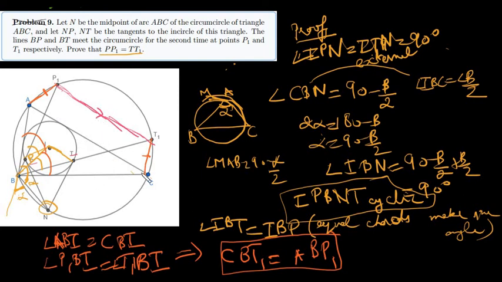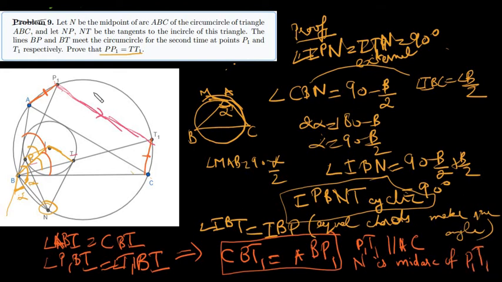So essentially, because this is an isosceles trapezoid now, P1, T1 has to be parallel to AC. And because of this, N is the mid arc of P1, T1.